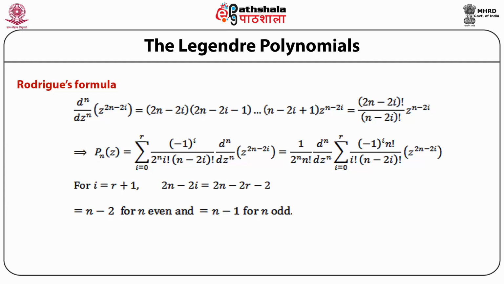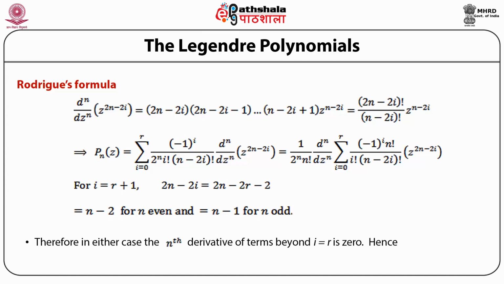For i equal to r plus 1, 2n minus 2i will be equal to 2n minus 2r minus 2, which is n minus 2 for n even and n minus 1 for n odd. Therefore, in either case, the nth derivatives of terms beyond i equal to r is 0.